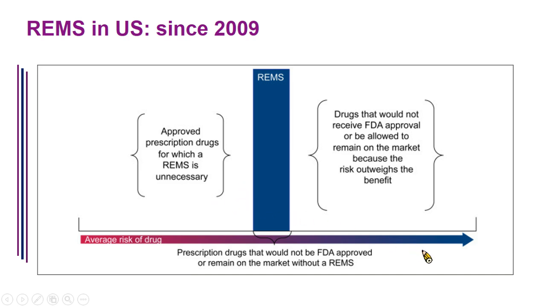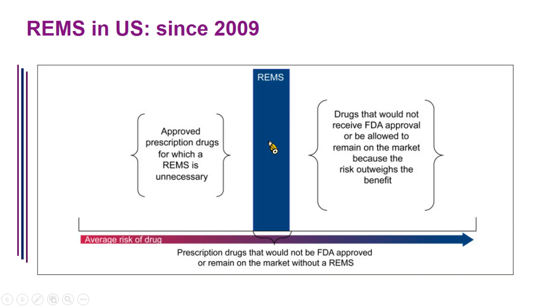And there's another, higher end that has a strong risk of medication use. In this case, those medications would not receive FDA approval to be put on the market, because the risk has already outweighed the benefit. So there is no REMS for that as well, because you won't see these medications on the market to be used. So what is REMS really for?